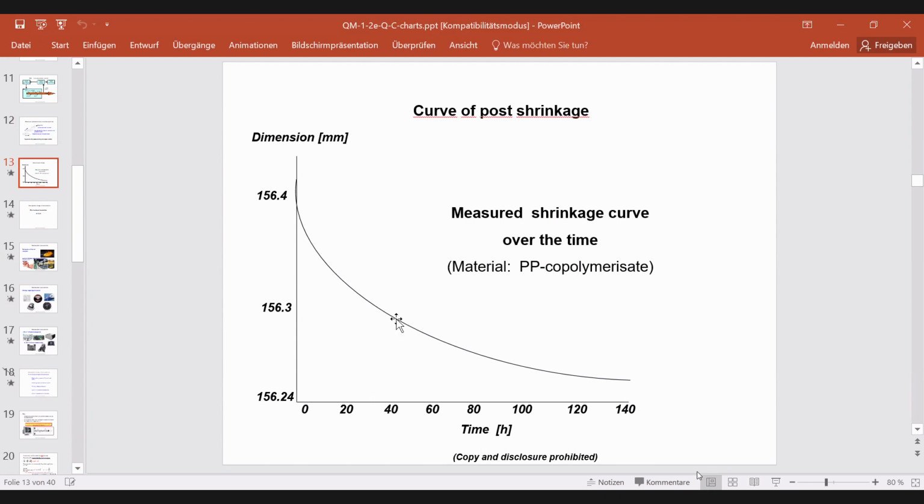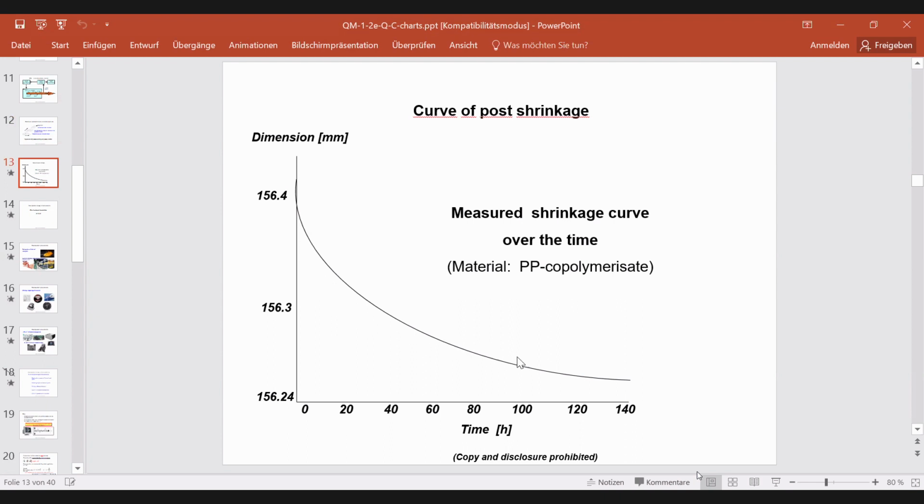Then you are at a different point in the time-dependent shrinkage curve when the measurement is taken. And so you have variation problems in your quality chart, which are not caused by the process.